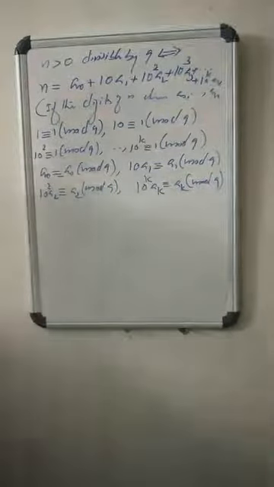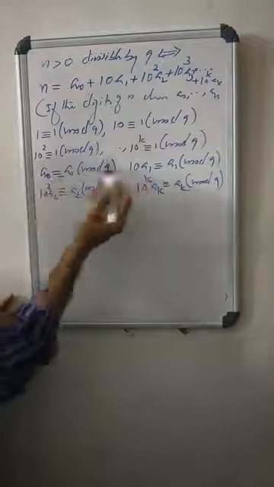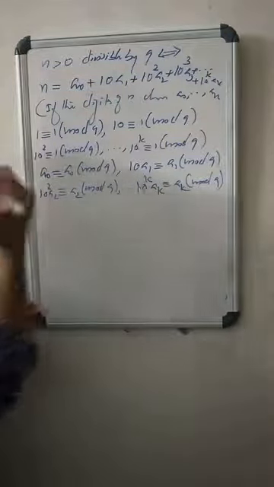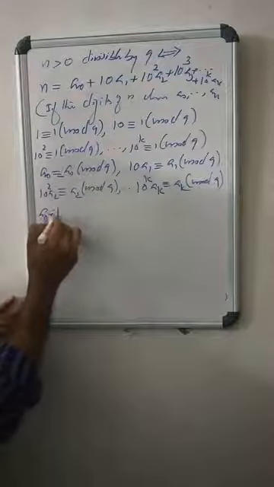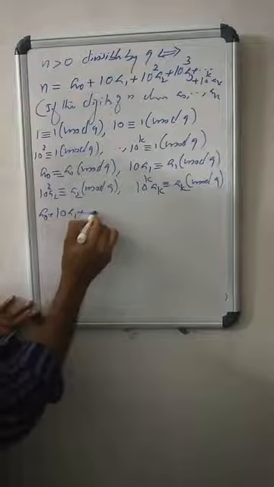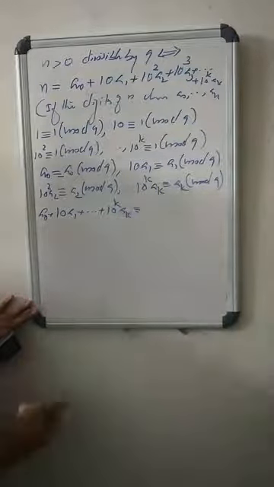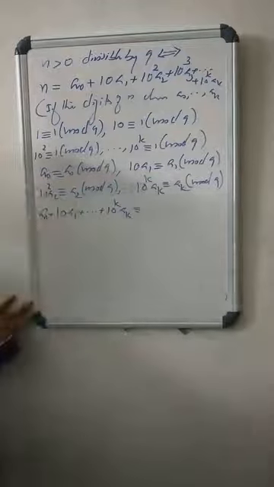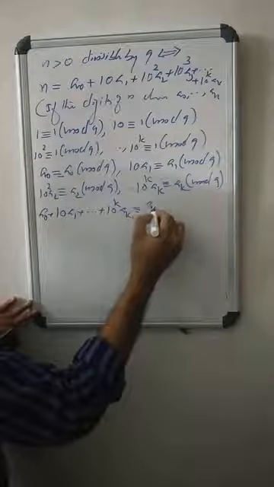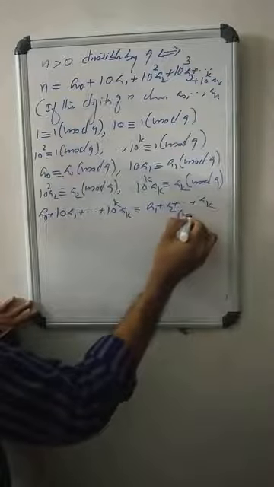Agree? Yes. You can add vertically. What you get? a0 plus 10a1 plus 10 squared a2 plus etc. plus 10 to the power k ak is congruent to a0 plus a1 plus a2 plus etc. plus ak mod 9.